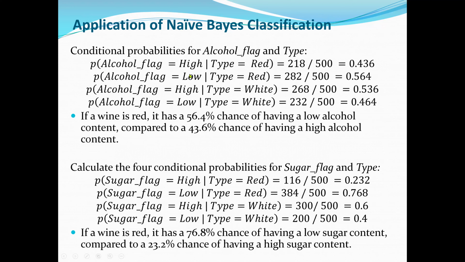Now, when we are dealing with low, the total is 282. We need to get the total of 500. So 218 plus 282 gives us 500. The same thing applies to the second. The data change now. The white is 268 for high, and the low is 232.